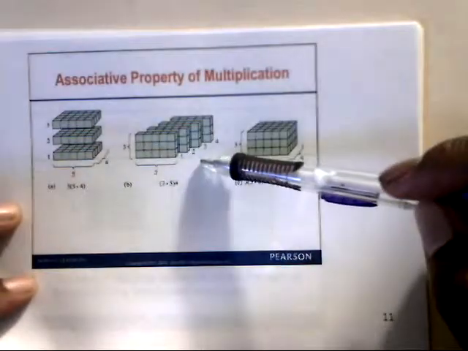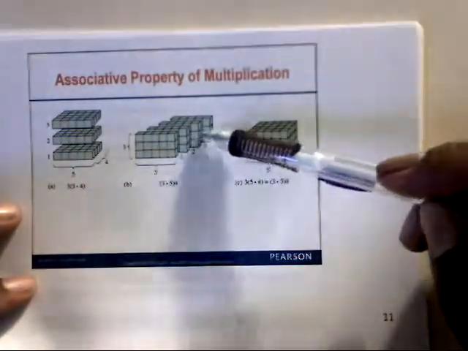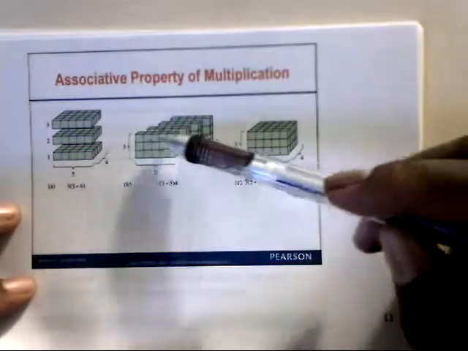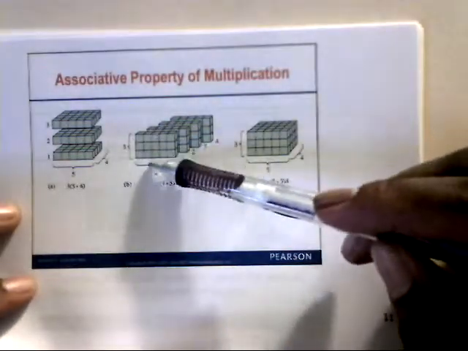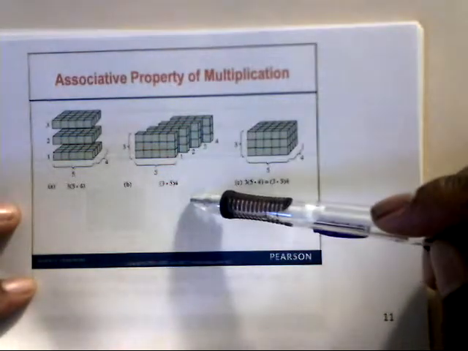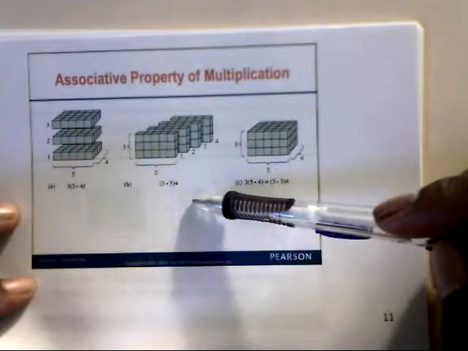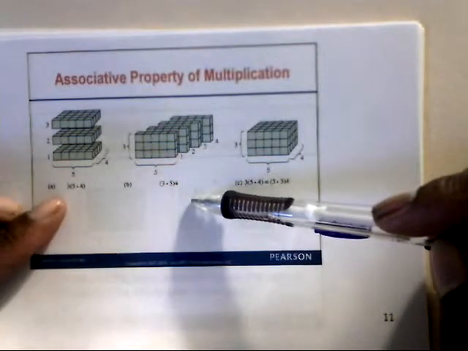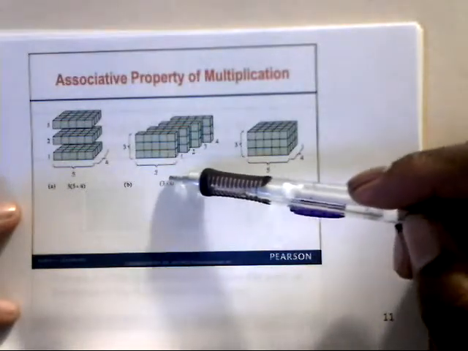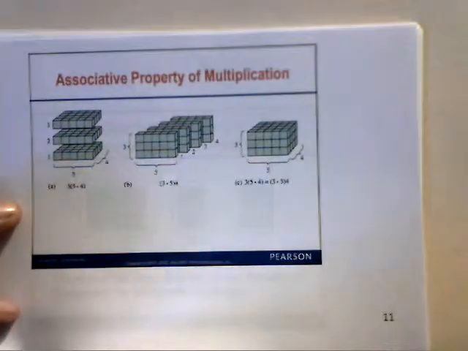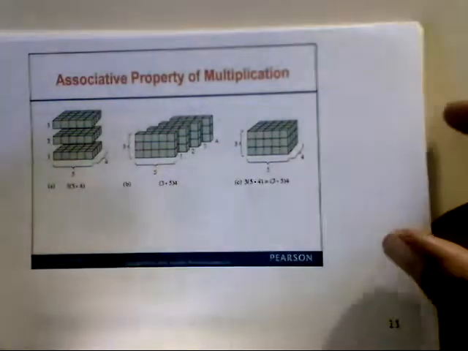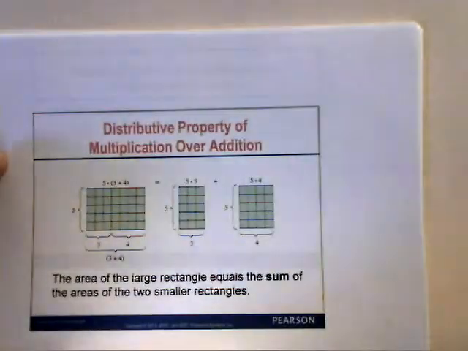And then this one, we got 1, 2, 3, 4 stacks, but then you got 3 rows, each having 5 squares, and then you're multiplying it by 4. Okay? So group the 5 and the 4 together and then multiply by 3. It's the same as grouping the 3 and the 5 together through multiplication and then multiplying it by 4. That's just an illustration of the associative property.